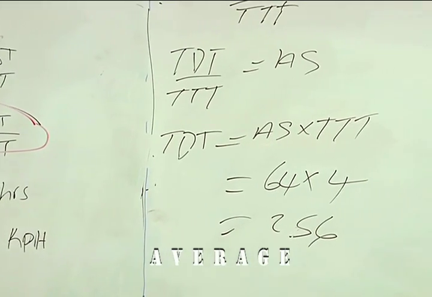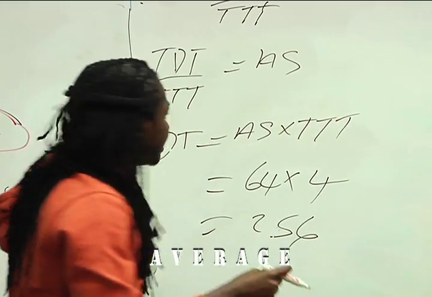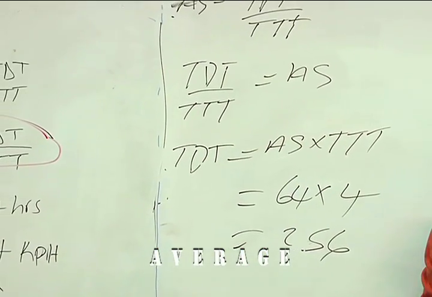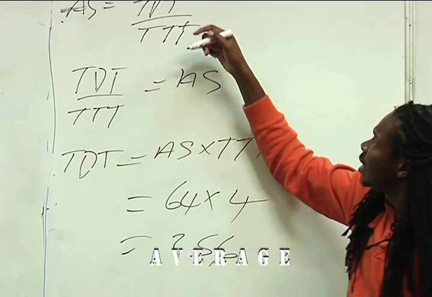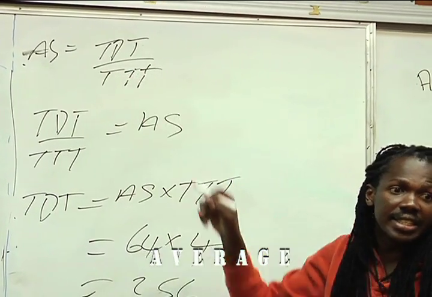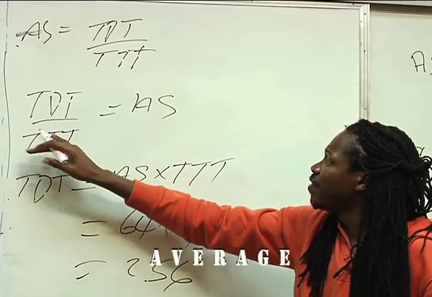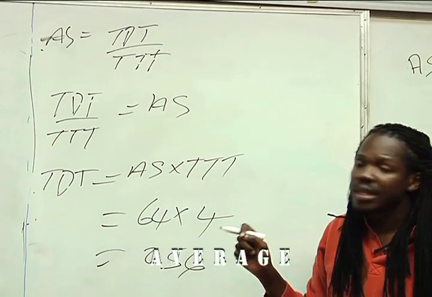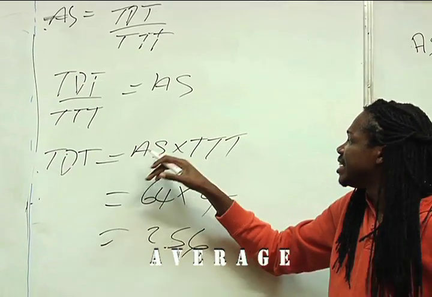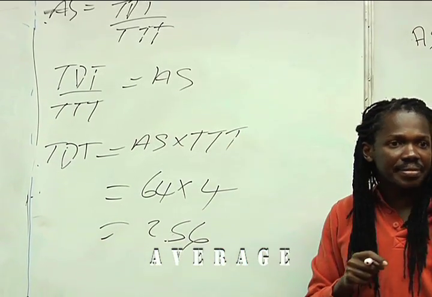How do I work out my TDT? I transpose. AS equals TDT over TTT, so TDT over TTT equals AS. That means this divide comes over here as a multiply and leaves me with TDT equals AS times TTT.